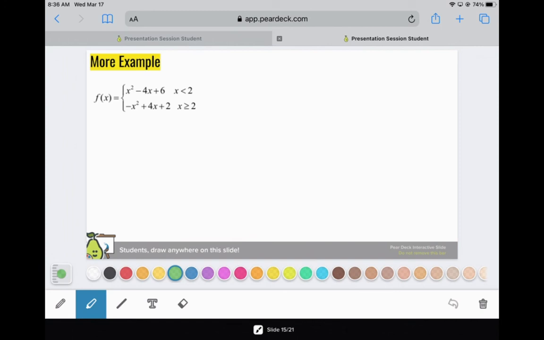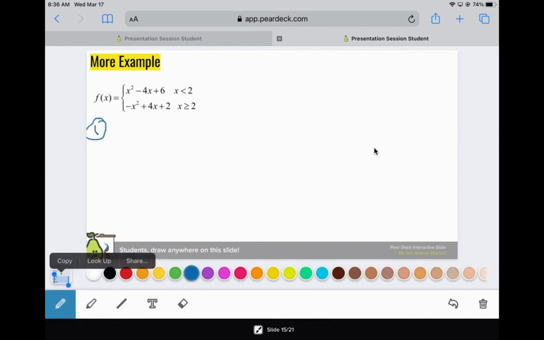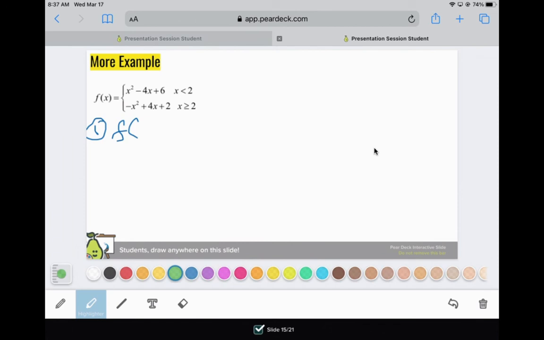Okay? Try another one. So there are 3 steps that we want to test out. Step number 1, we want to test for continuity. So step number 1, I want to see if the function is defined or not at that point. So in here, what point do I plug it in?